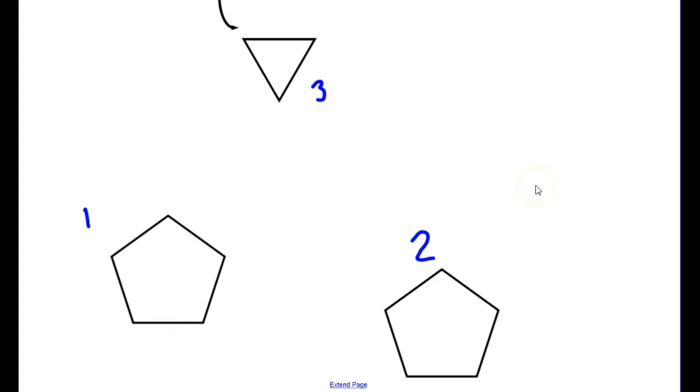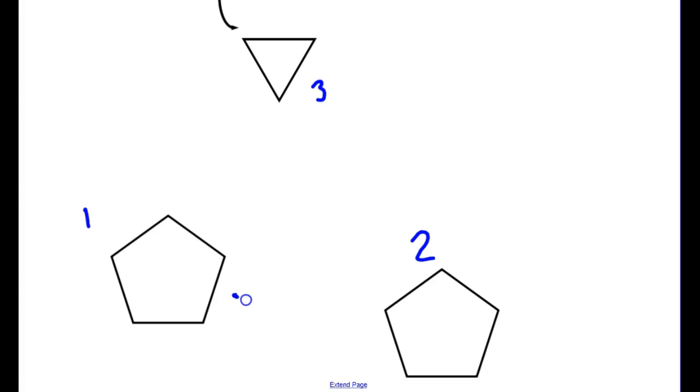Also, say I tell you these two pentagons are congruent, the first one and the second one. I know that if they're congruent, I can perform a series of rigid motions to get the first pentagon to lie on top of the second one. It doesn't matter if it's a translation, rotation, or reflection, it depends on the problem we're given, but I can perform either one rigid motion or a series of them to get those to lie on top of each other.